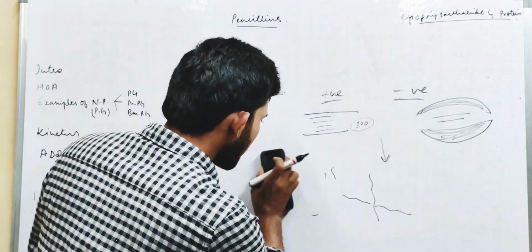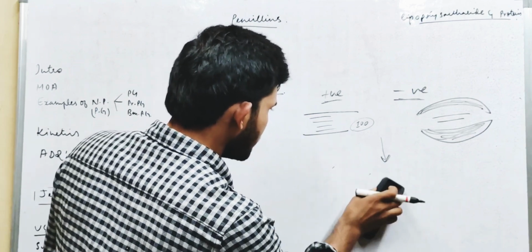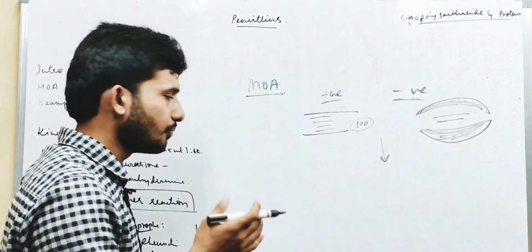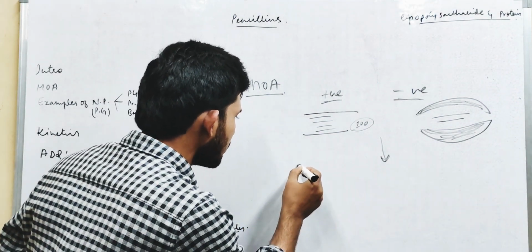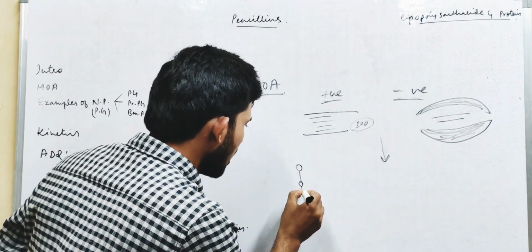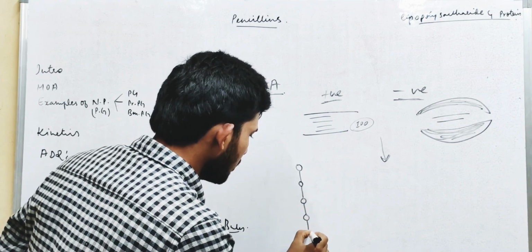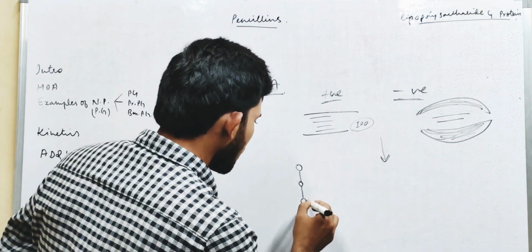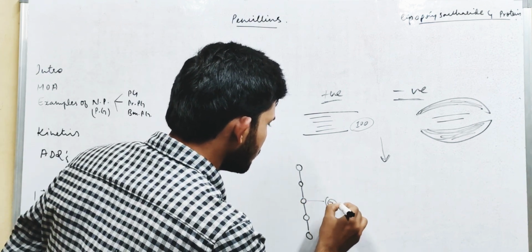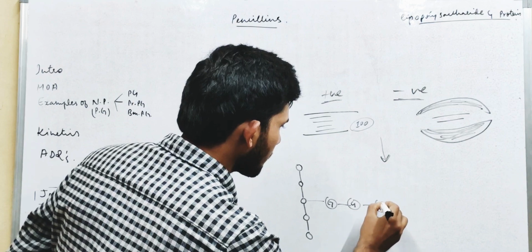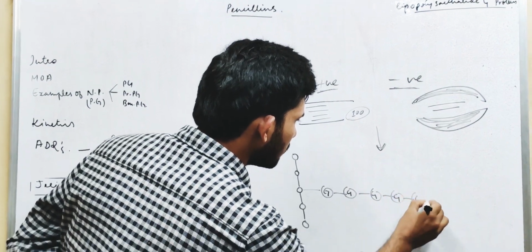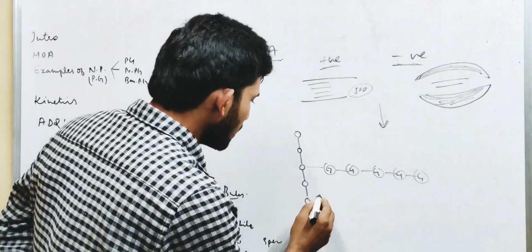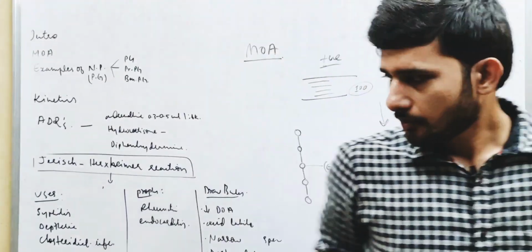So let us understand in detail how penicillin will act. Let me draw the chemical structure. The peptide chain will have 5 different amino acid molecules, attached to the glycan chain, pentaglycine.